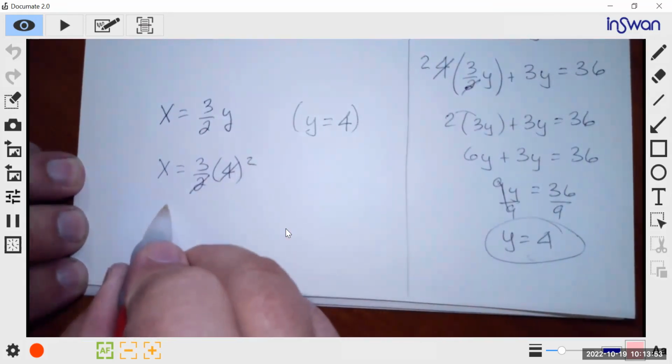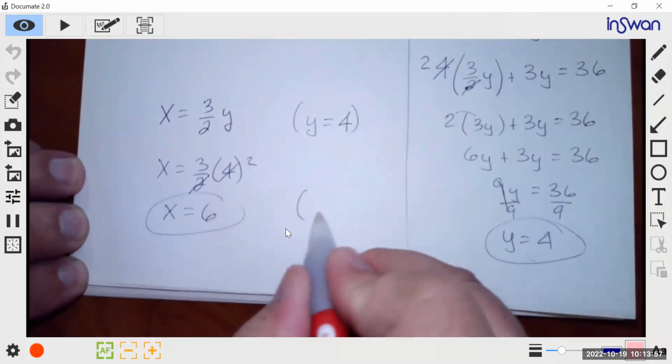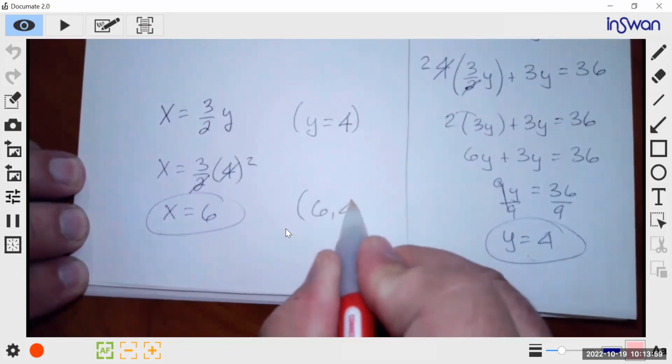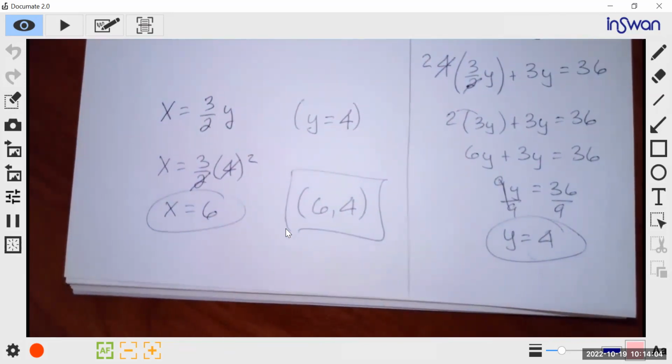Put it in twice. So x equals 6. So they meet at the point 6, 4. That's the solution. That's the point both x's have in common.